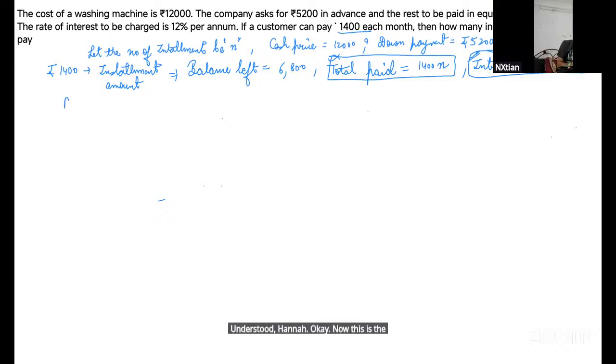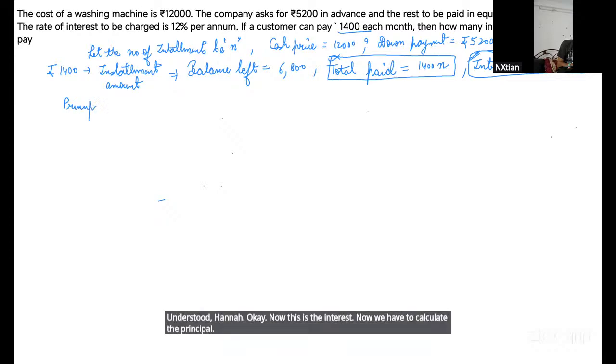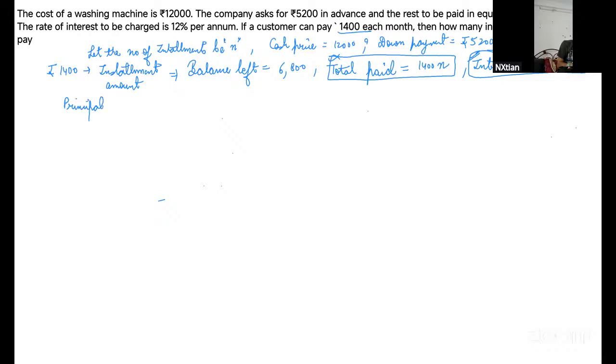Now we have to calculate the principal. The principal for the first month is 6,800, and every month I am paying 1,400.